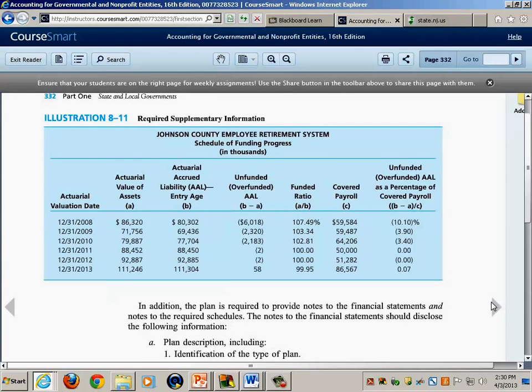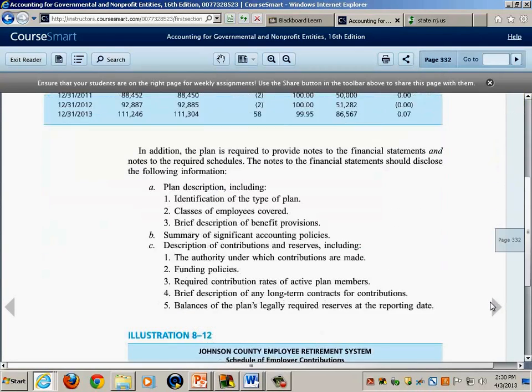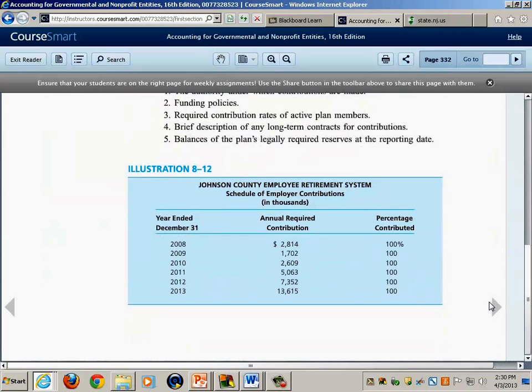Actually, we'll come back to this in a moment. What I want to show is this schedule. This is what I was talking to you about. In this case, the required contribution from the state was $13,615. If they contributed the entire amount, it's 100%. Not many places do that. In this case, they did, which means they are doing what they should be.